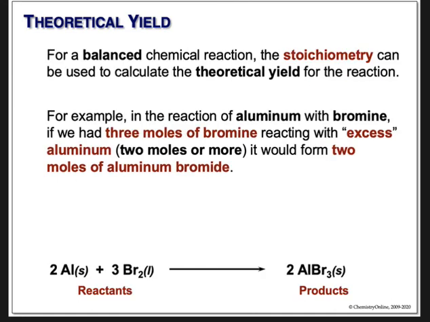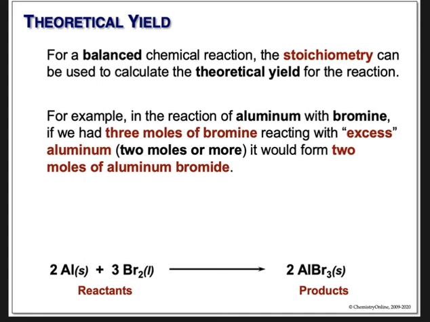As I said early in the lecture here, when you have a balanced chemical equation with the same numbers and types of atoms on both sides, this number here, this 2, gives us the theoretical yield of the reaction.